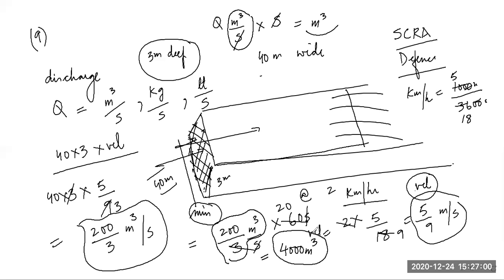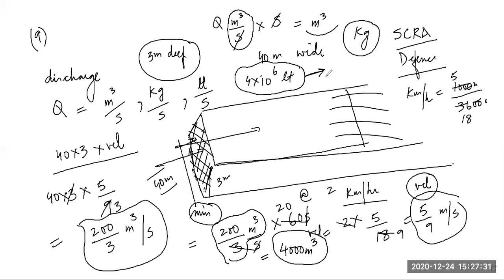Is it right? Now, students, if someone asks how many liters will fall into the sea, it will be 4 into 10 raised to power 6 liters of water. Can any student tell how many kg of water will fall into the sea?